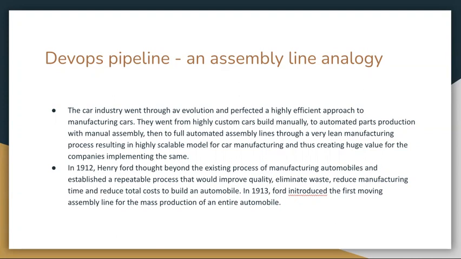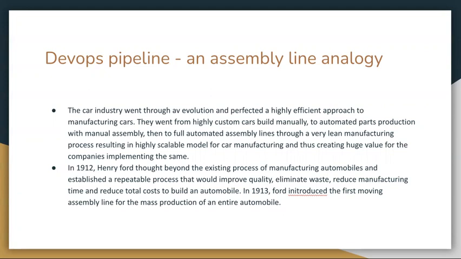And then it evolved to what is known as the fully automated assembly lines, which didn't require any manual intervention. Because of that, lean manufacturing became highly scalable, and the car industry saw a very high manufacturing rate, and a lot of cars were produced at a very large scale, which revolutionized the way people travel nowadays, creating huge value for the companies which implemented fully automated assembly lines for manufacturing the car.